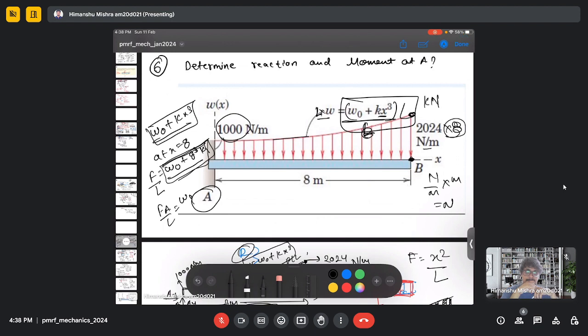Okay, that's clear now. And yeah, this quantity actually represents the height of this loading.